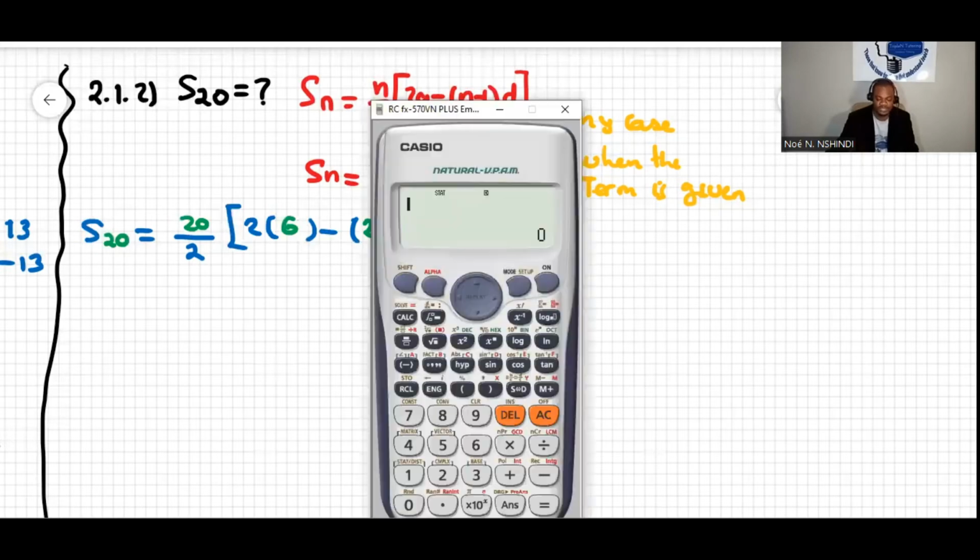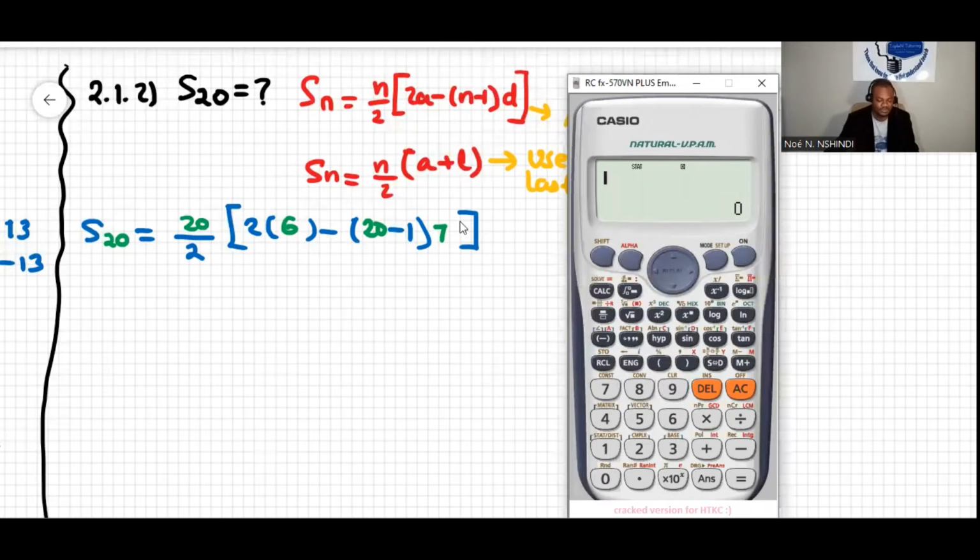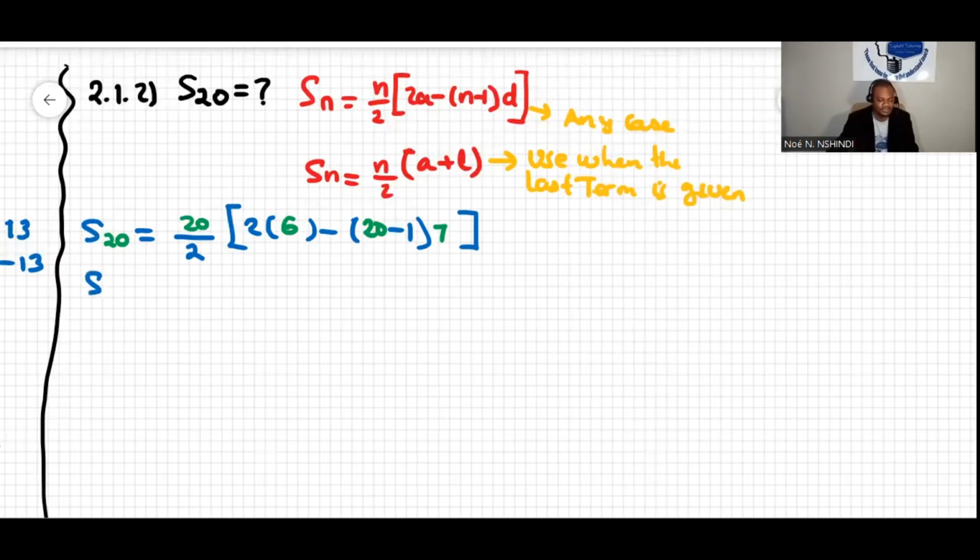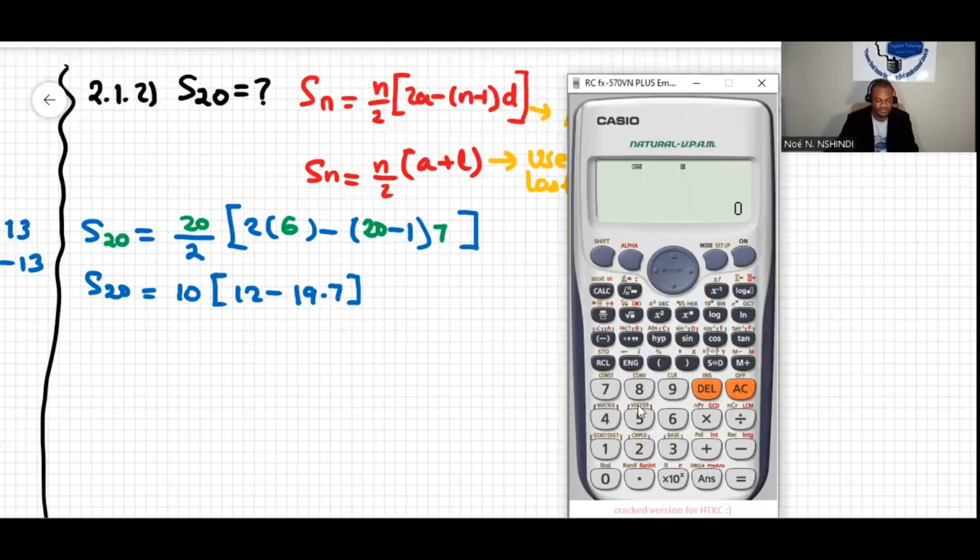Or maybe let's simplify further. S20 will be equal to 10, open square brackets, 2 times 6 is 12, minus 19 times 7. Now we can use our calculator.